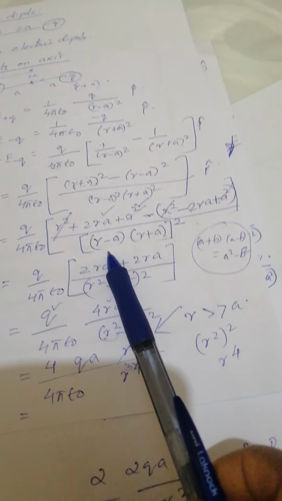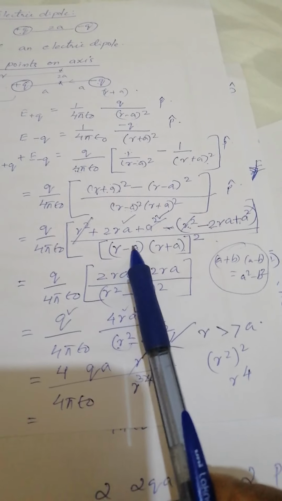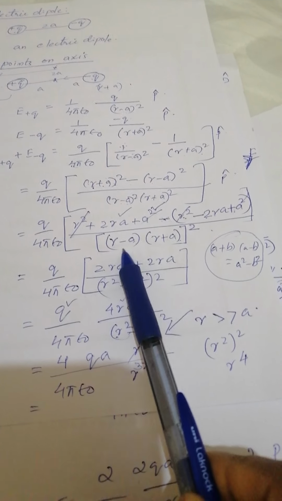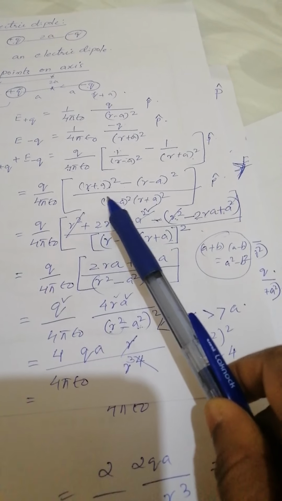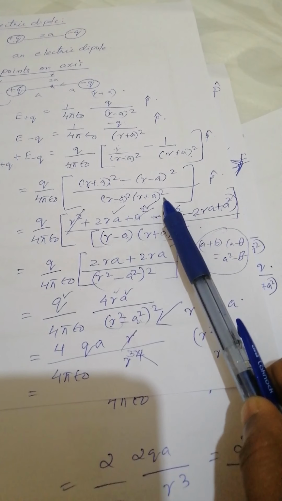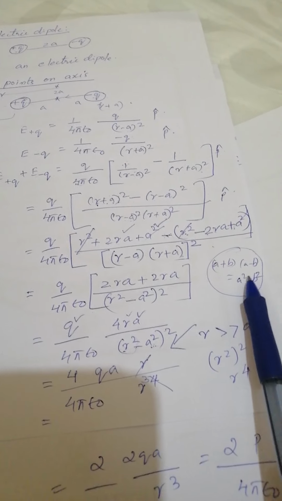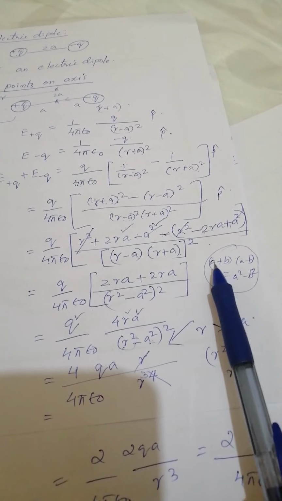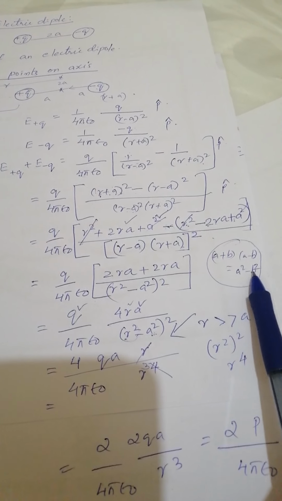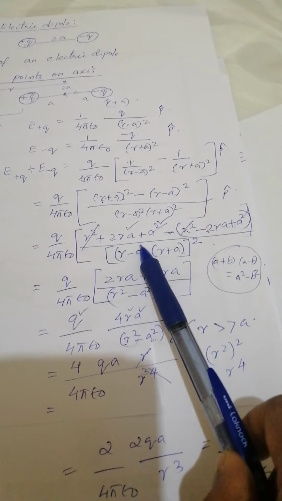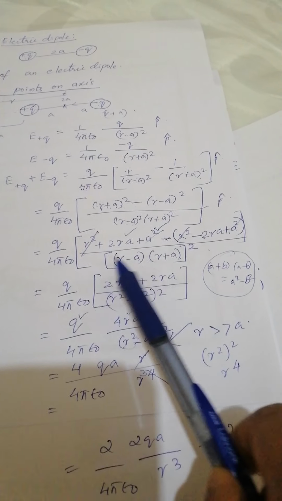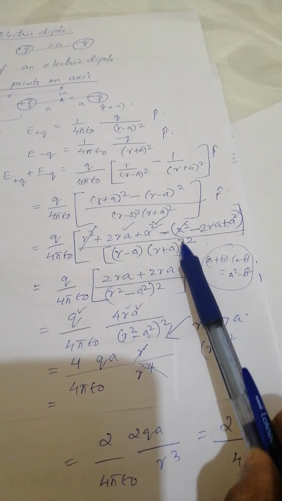The lower term is r minus a whole square into r plus a whole square, that is a plus b into a minus b form, and a plus b into a minus b is equal to a square minus b square. So the lower term becomes r plus a into r minus a, whole square.